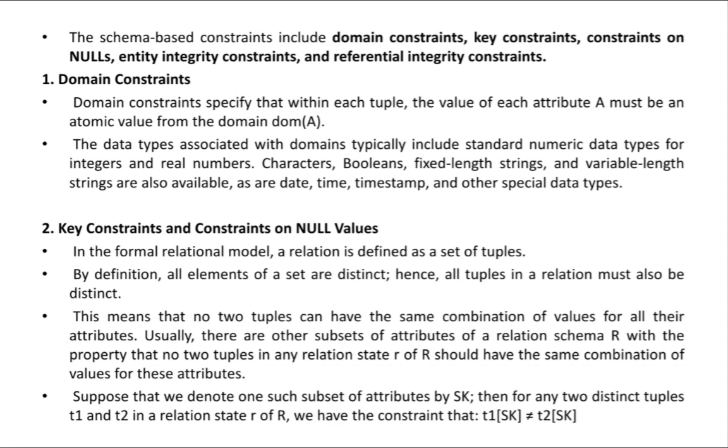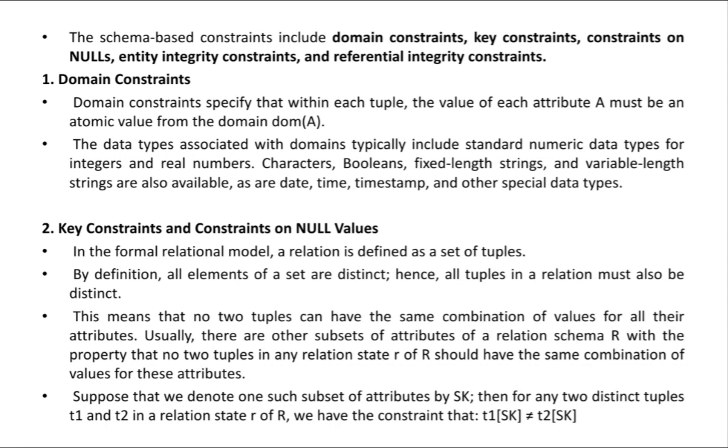Domain constraints specify that within each tuple the value of each attribute must be an atomic value from the domain. Don't get confused here. For example, assume that I have a table, because in a relational database the data will be present in the form of tables, right?